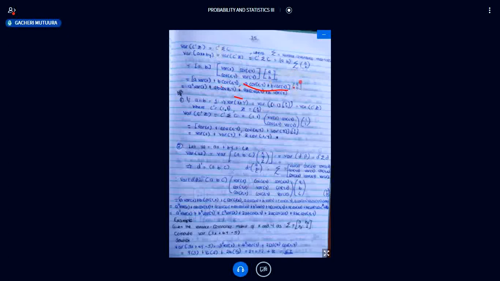You're going to have AB covariance XY, and then B times B variance Y will be B squared variance Y, which is the same output that we got using the other approach.